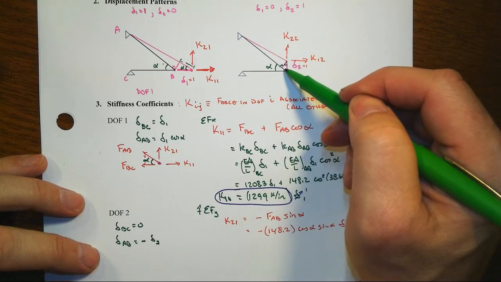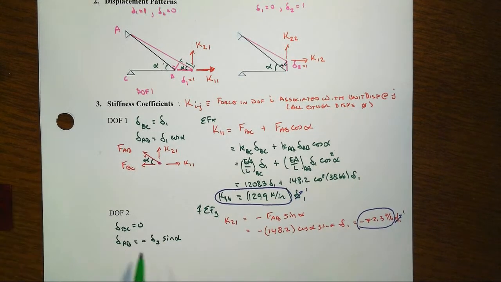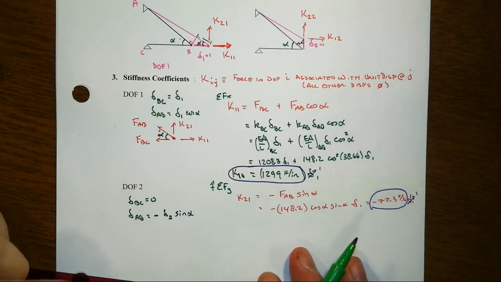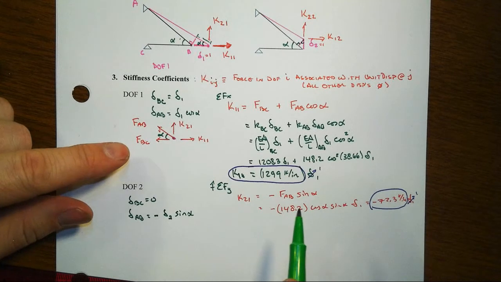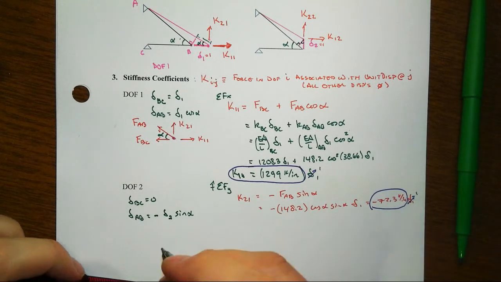And so we're opposite of that one, so that means delta 2 times sine of alpha is what the displacement compatibility or relationship is.